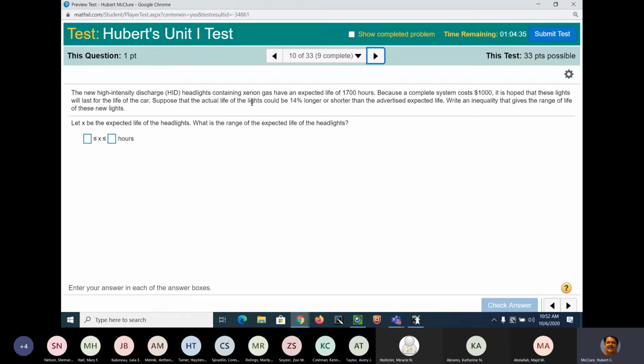Suppose that the actual life of the lights could be 14% longer or shorter than the expected life. The advertised expected life is 1,700 hours. So that's going to be 1,700, 14% of 1,700. So X is between... somebody do 14% of 1,700. Well, yeah.